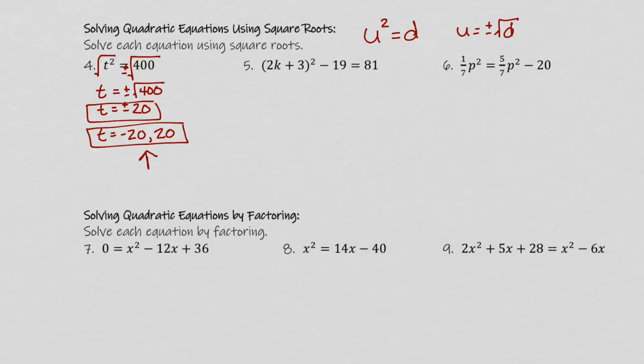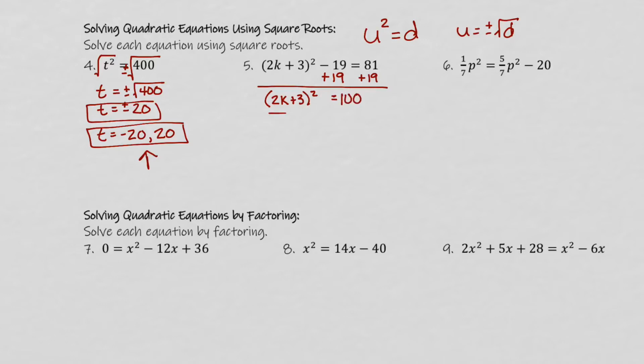Alright, so number 5, it's not quite in the form of something being squared equals a number, so we're going to make it that way. We're going to add 19 to both sides. So on the left side, I have 2k plus 3 squared. On the right side, I have 81 plus 19, which is 100.